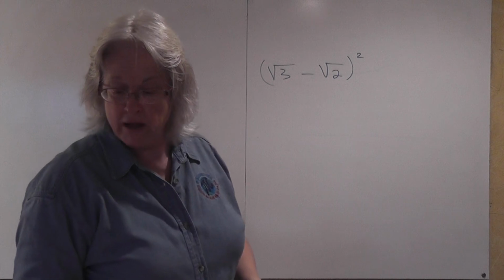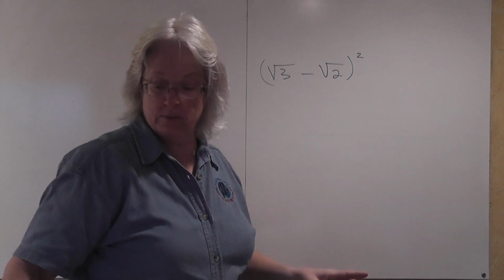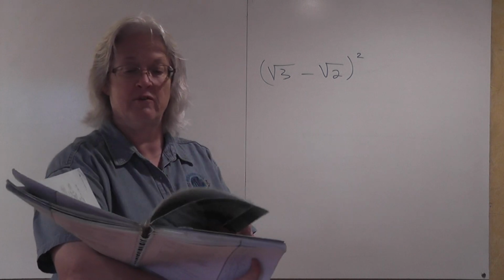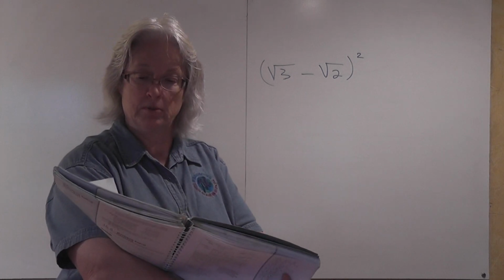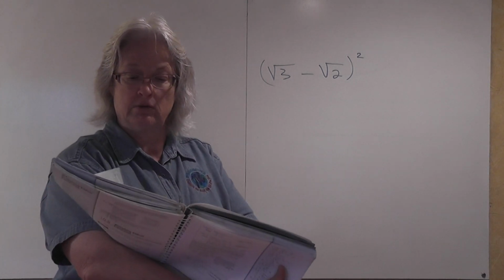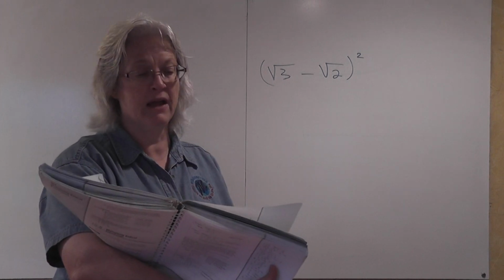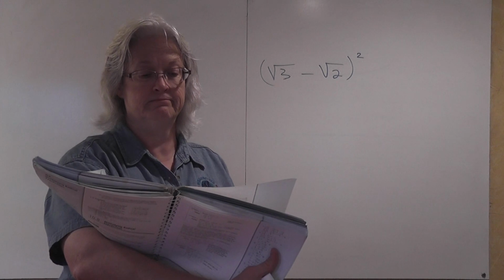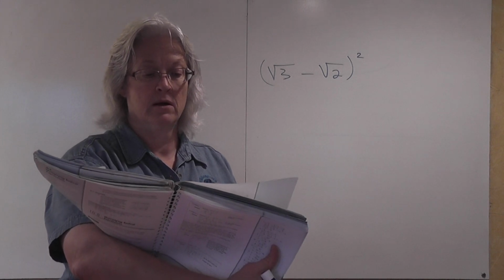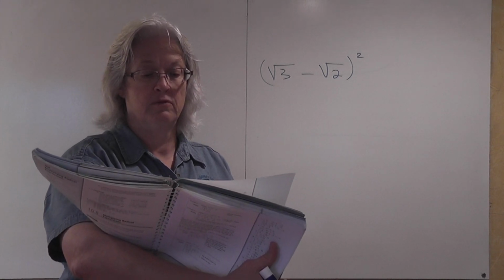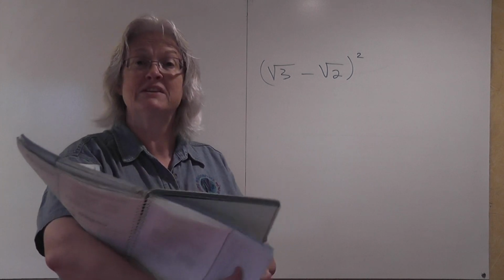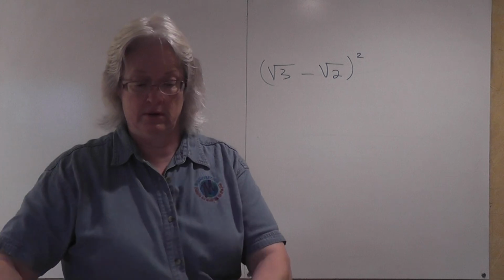And I want you to go back, because some of you learned this, some of you didn't. So I'm going to see where we have perfect square trinomials. Let me look in my index. I think it's back in chapter 8. Factoring perfect square trinomials. Probably section 8.7.